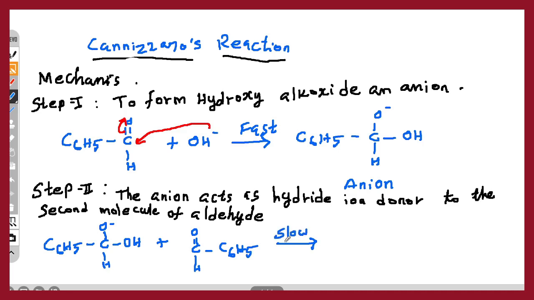This is the slow step, the rate determining step. Here hydride transfer takes place, so this negative charge comes back to the carbonyl group. This hydride is donated to the other aldehyde. This is the anion.